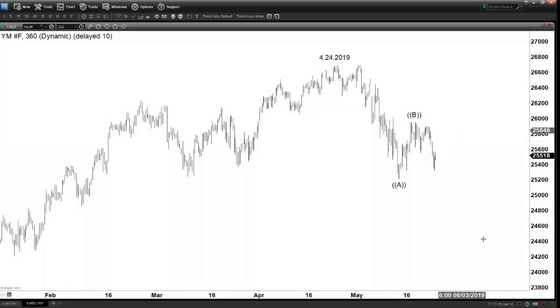This is going to happen over the next couple of trading days, maybe until President Trump and President Xi meet again in June at the G20 meeting. Then we're going to get a little more stability again, as the market wants to wait and see what they come up with. Okay, so that's the update, guys.